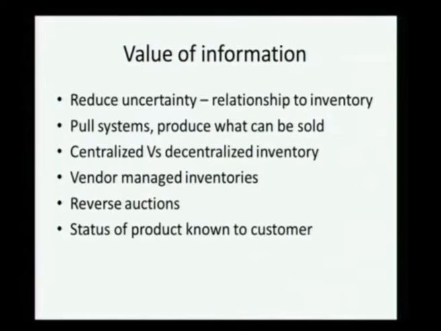Now this is also enabled through information systems and technology and through online processes. Last but not the least, the status of the product or status of the order is now known to the customer. So when a customer places an order with an organization for a product, the organization triggers a work order and the manufacturing executes the work order.